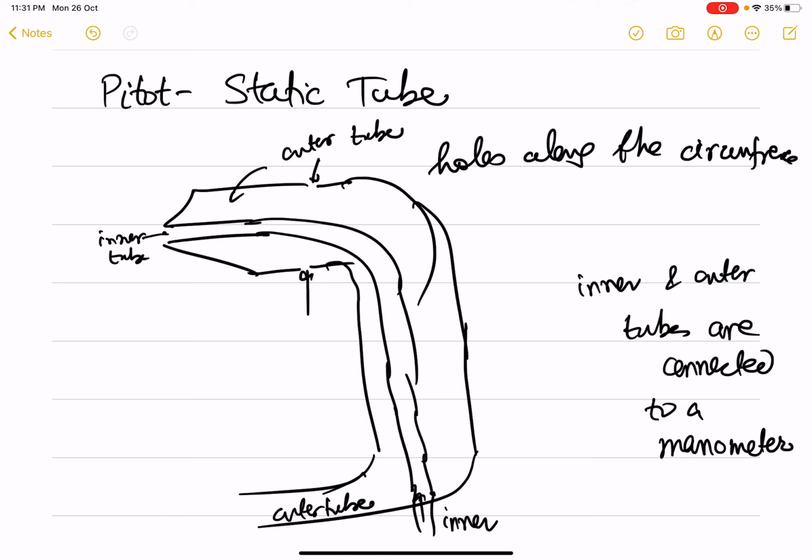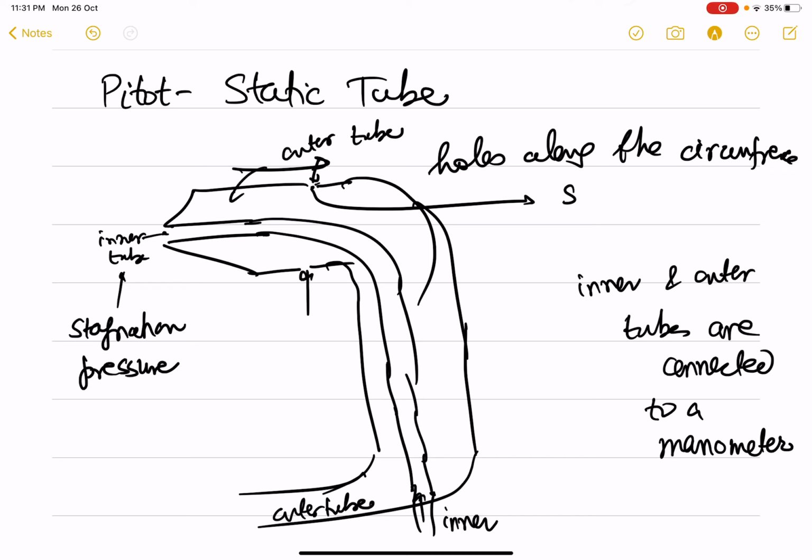So this inner tube will measure the stagnation pressure, and through the outer tube holes, the flow goes like this. So this measures the static pressure.